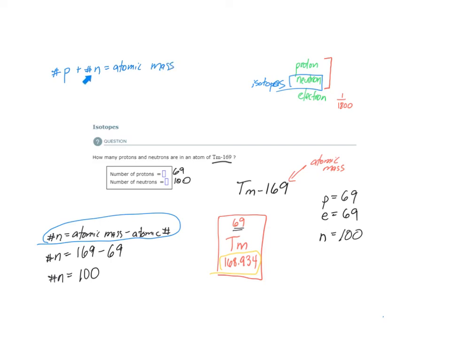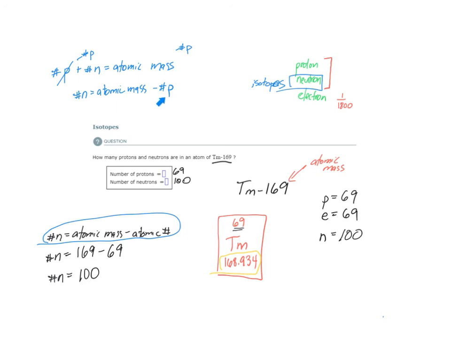Let's solve for the number of neutrons. We can do that by simply rearranging this equation. If I subtract the number of protons from each side, I get that the number of neutrons is equal to the atomic mass minus the number of protons.